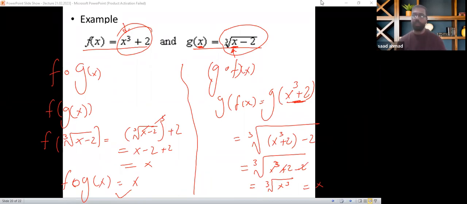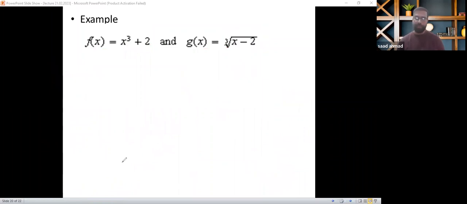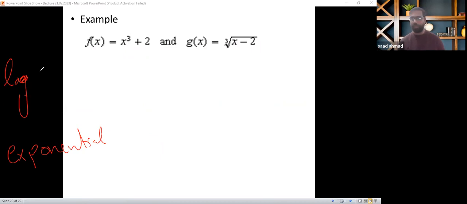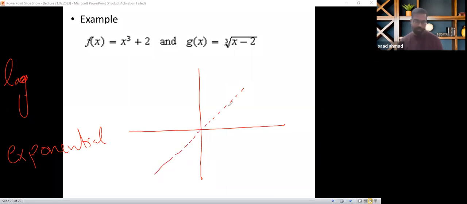And there is one more thing about inverse functions: if we graph them, take the logarithmic functions and exponential functions. They are also the inverse of each other. Let's say we have the line y equals x. Say the exponential function is 2 to the power x, which looks something like this.